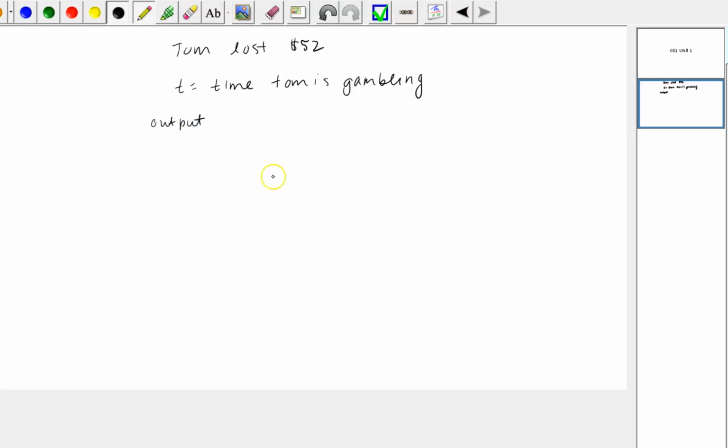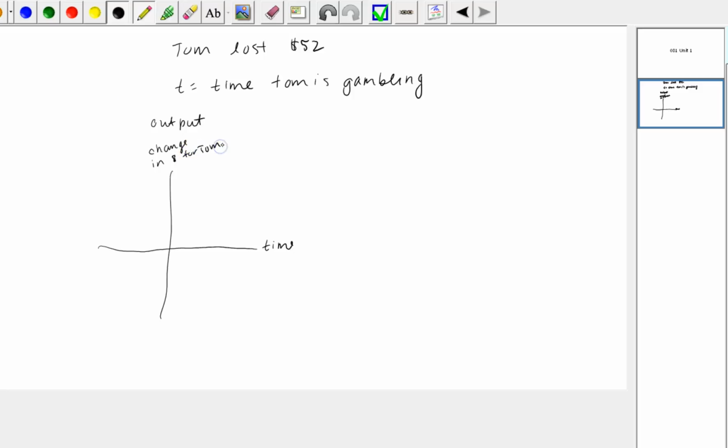Okay, so let me show you what I mean. Two ways that we could think about this problem. So here's time, and granted this is one fixed point in time. He lost $52. But suppose we could think of this in two ways. The way that would make this negative is we're thinking of the change in dollars for Tom.